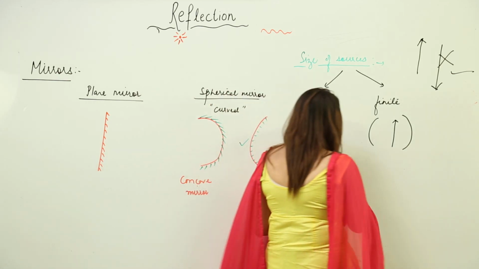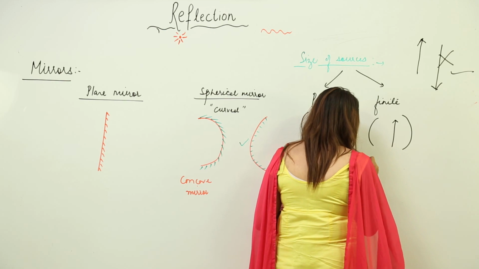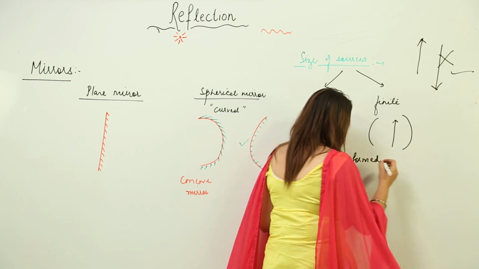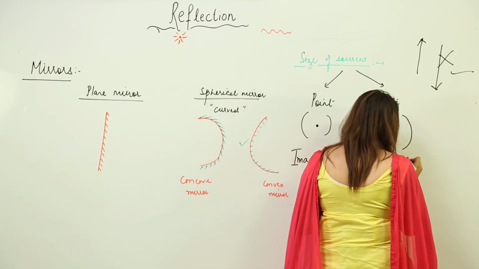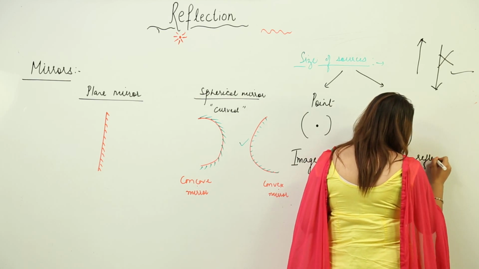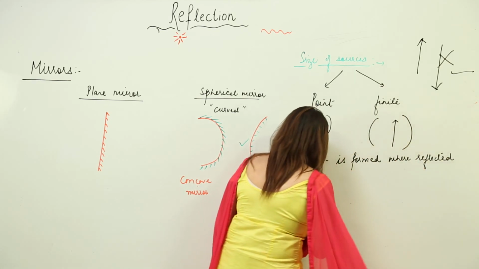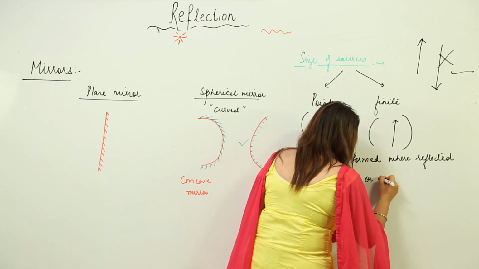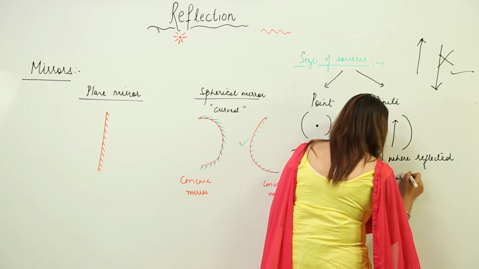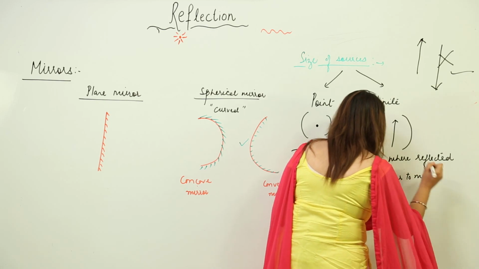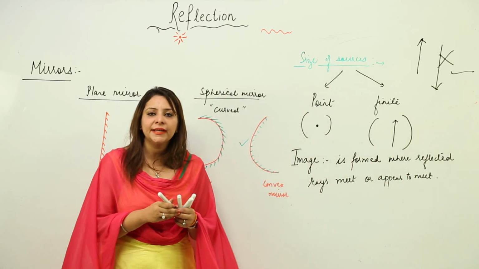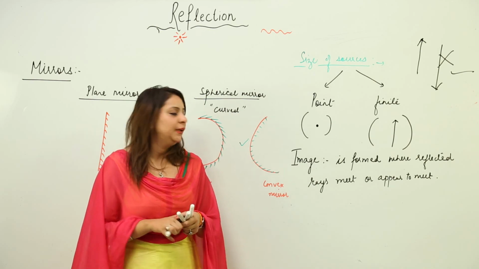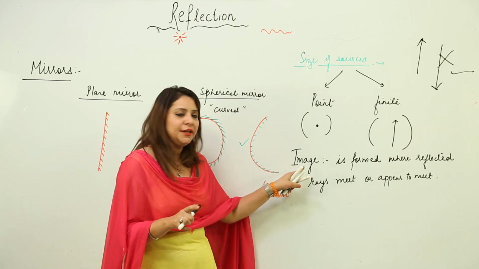See, the image is formed where reflected rays meet or appear to meet. So the point where reflected rays meet or appear to meet is the point where the image is formed.